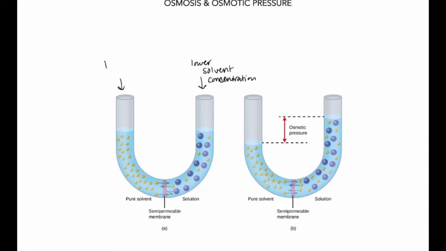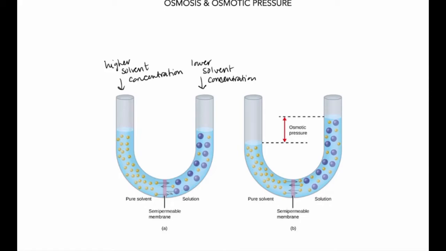Here, we have a higher solvent concentration because it's pure, 100% concentration, right? And osmosis is the flow of the pure solvent across this membrane into the portion with the lower concentration, and it flows that way because of the difference in concentrations.